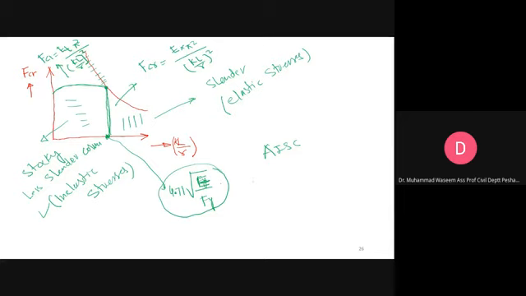Simply, if you calculate this ratio for your member, if it is greater than this one, it means that the member is slender, and if it is less than this value, the member will be stocky.